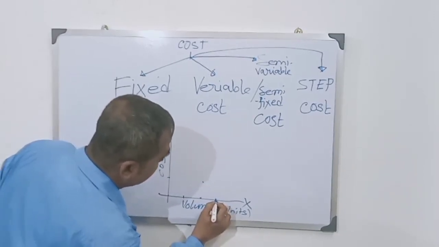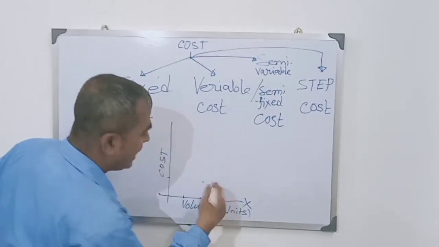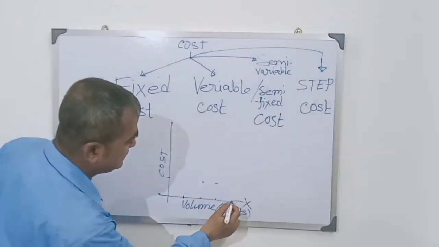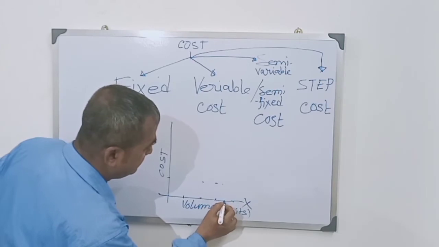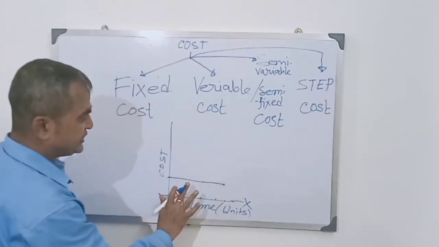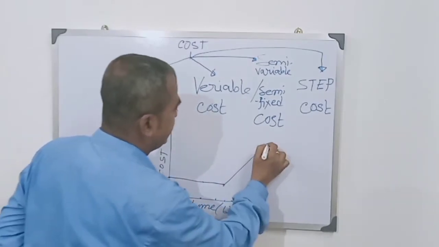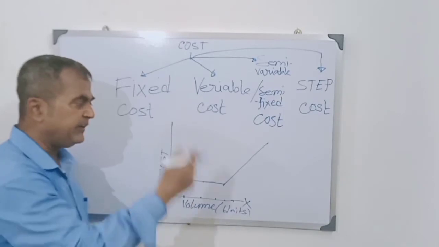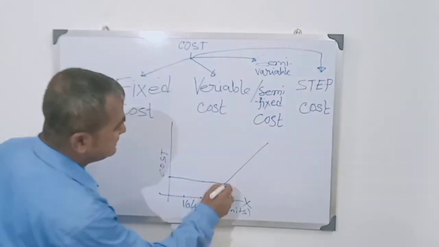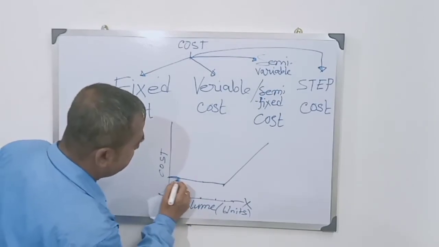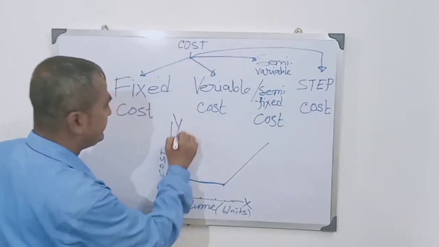For 3,000 units, remains the same. After crossing 3,500, it increases. Up to there it is fixed, then it starts varying like the variable cost. So this is the semi-variable cost curve.